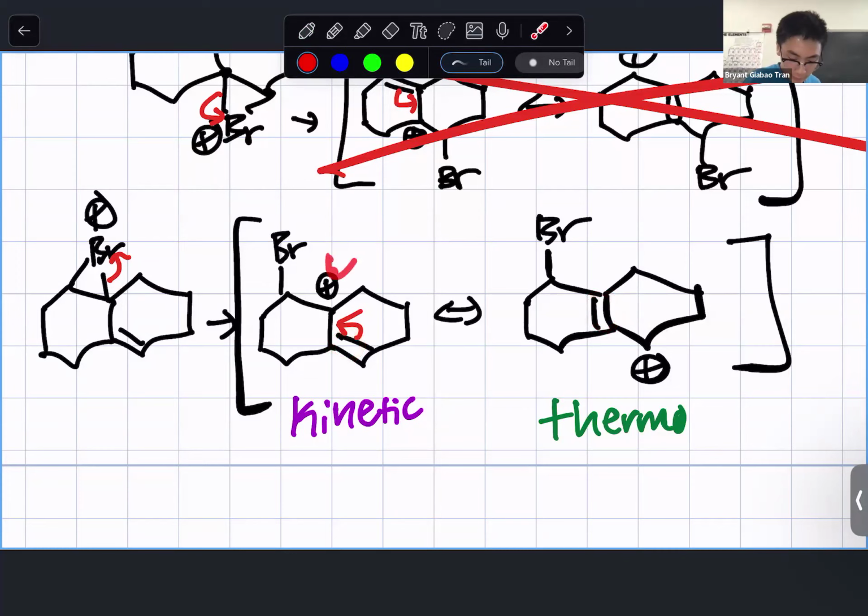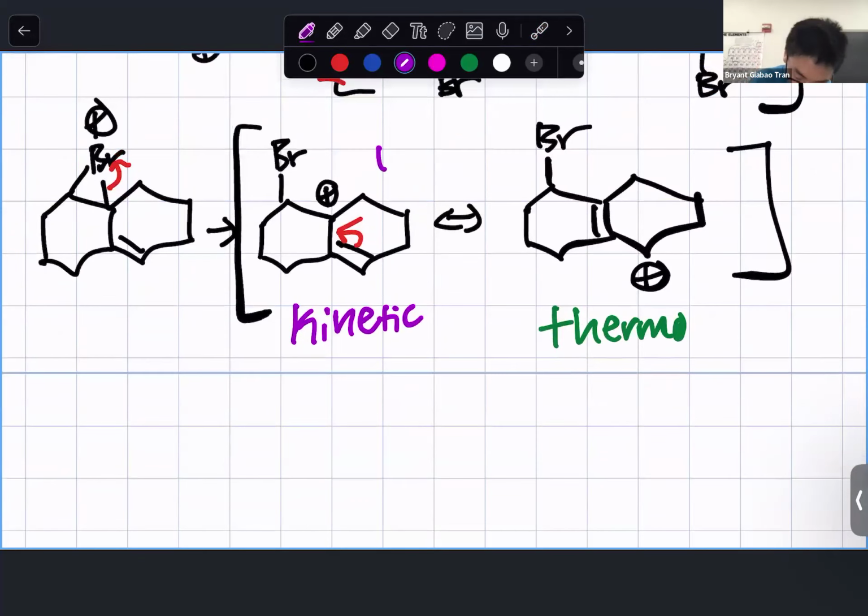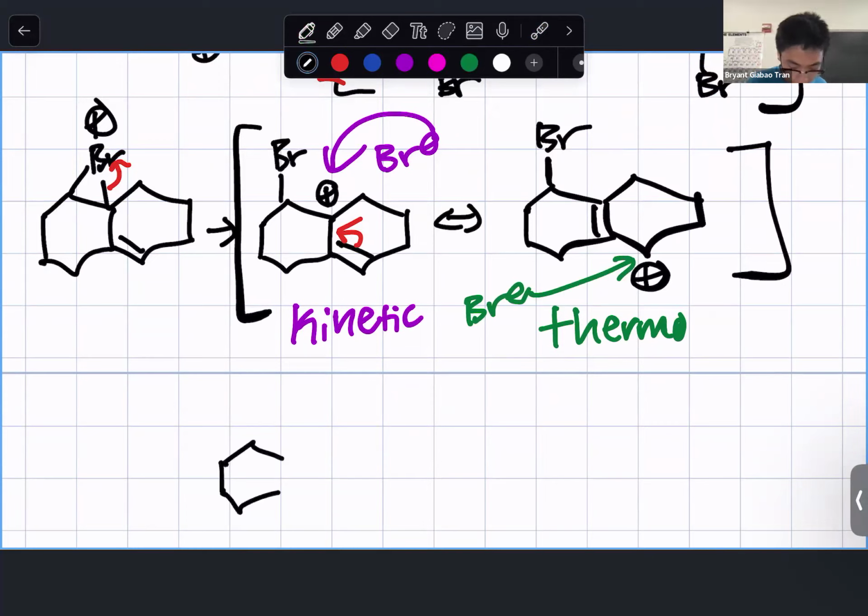And this tertiary allylic carbocation is more stable than the secondary allylic carbocation. The Br minus is just going to come back and attack to give us our final answers. No stereochemistry because it attacks a flat carbon, so it could be wedge or dash, so no syn or anti-addition here.